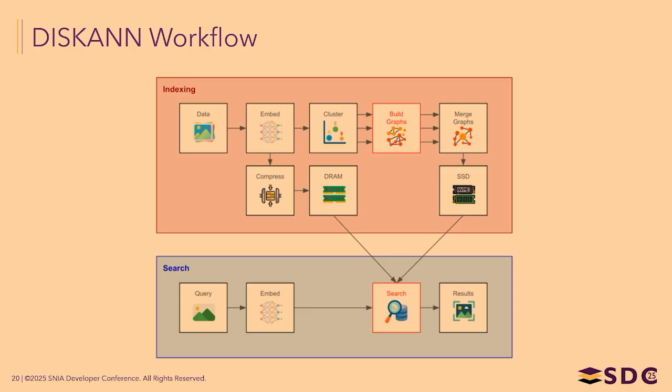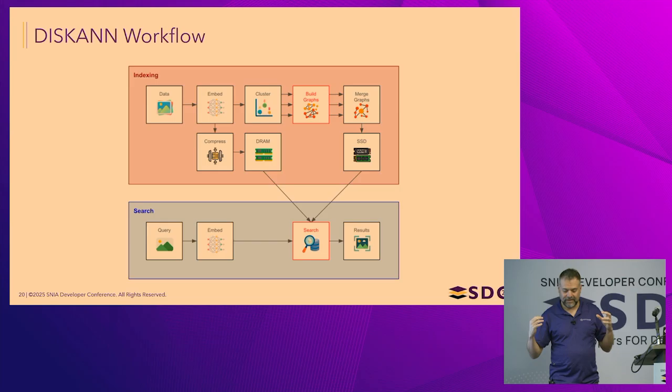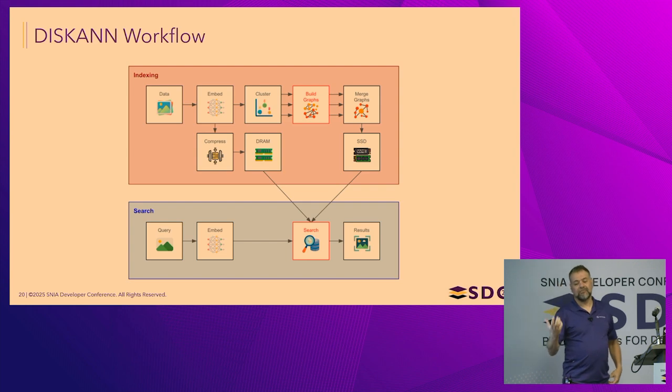On the disk part, what we have is the graph that was supposed to be created as a graph-based index, but it creates kind of a flat file. So there are not a lot of layers. It's just a flat file, which makes it easier to fetch data.